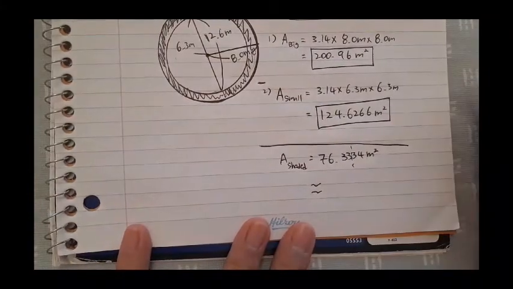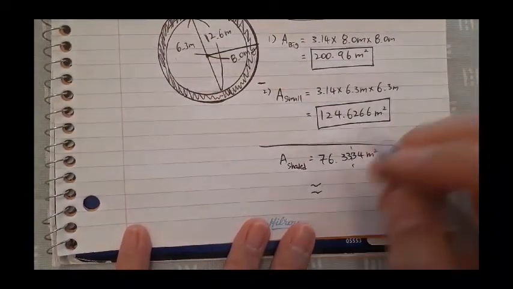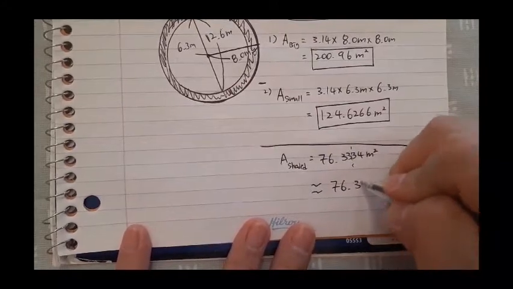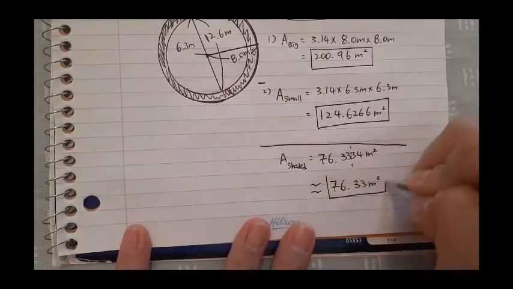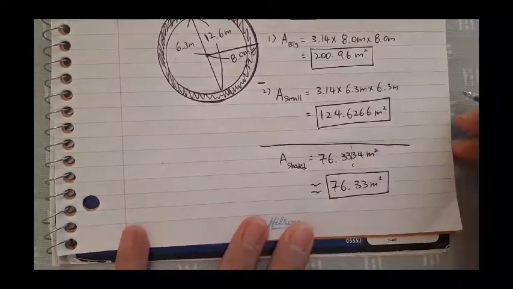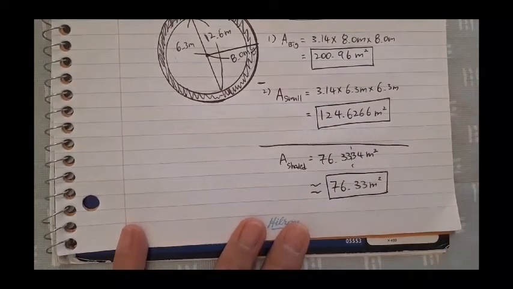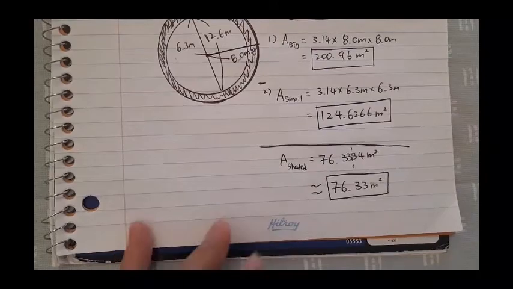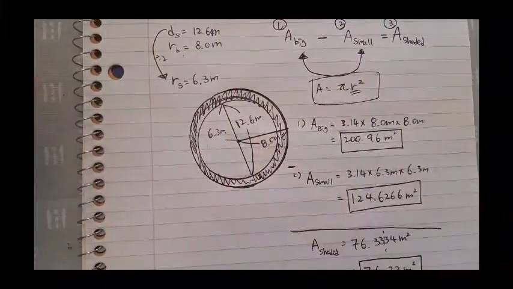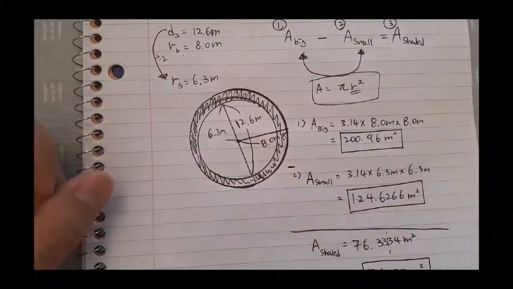So that means 76.33 square meters is my shaded area. That is how you solve a complex example like the one that you see. It is really case by case.